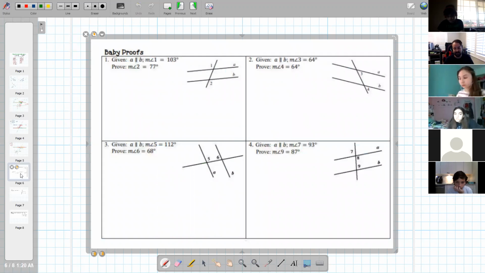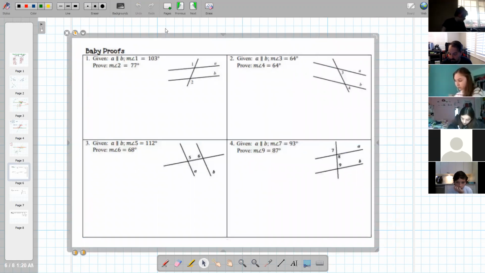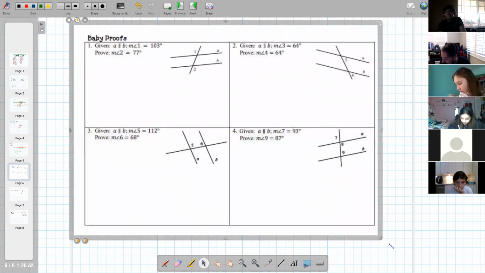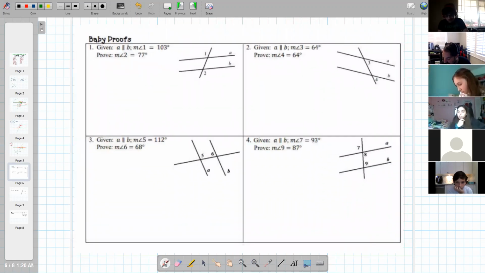This is the easiest set of problems from the practice that was given for today, and we're going to start there. They're called baby proofs, right? The whole purpose of a proof is we have to be able to justify or prove what we're saying is the case. So we're going to have to rely a little bit on our vocabulary words.